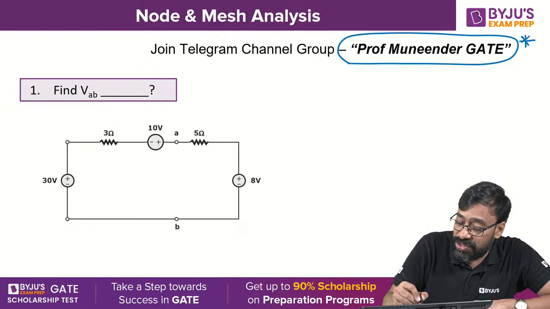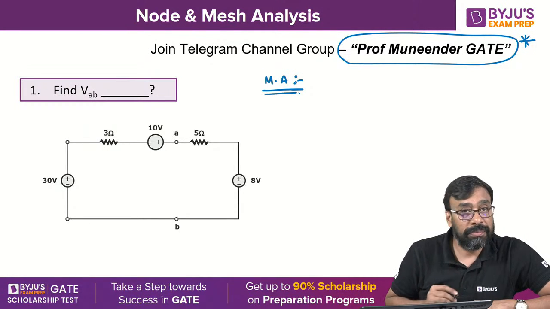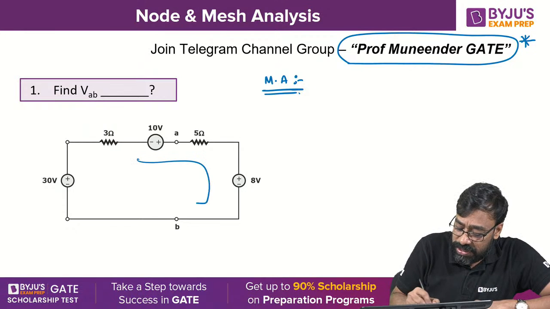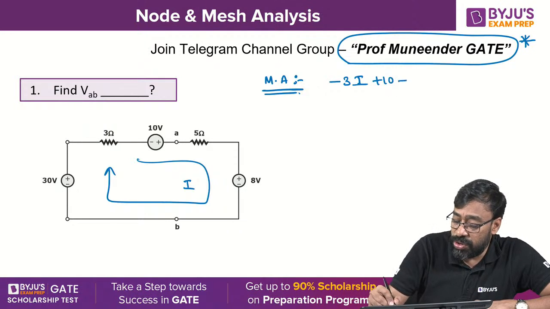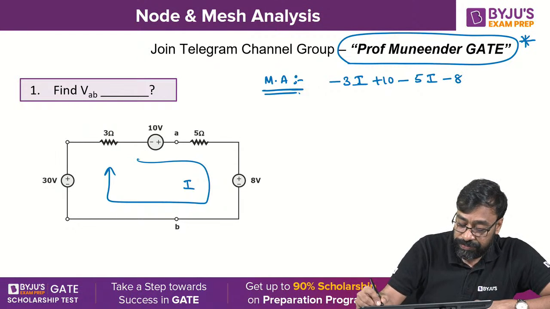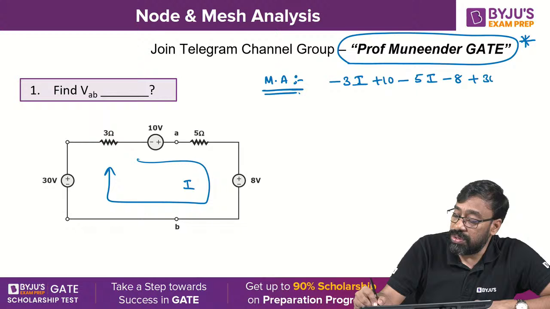First, I would like to apply mesh analysis. Find VAB using mesh analysis. It is a single loop network, so I can easily solve it. Tell me here: -3I plus 10 volts, I follow a different convention, I don't know what you follow, -5I, -8, plus 30 is equal to 0.